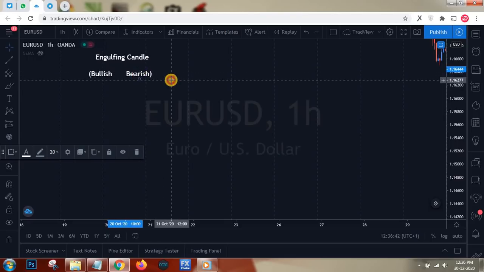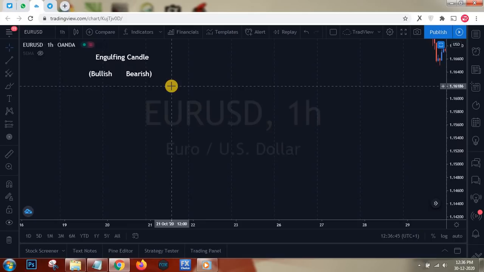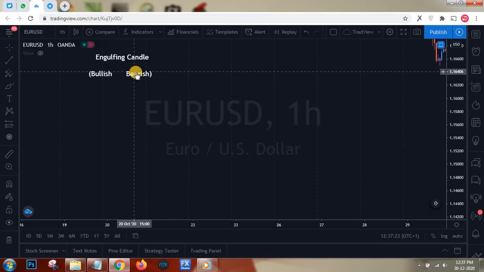Now, I want to assume this is clear. There are zones where you don't want to obey a bullish engulfing or a bearish engulfing. Now, I'm going to give a snippet. If you use RSI, which is the relative strength index, it shows the oversold and overbought regions. When it's pointing at oversold, and you spot a bearish engulfing candle, then that is the time to enter for a short.